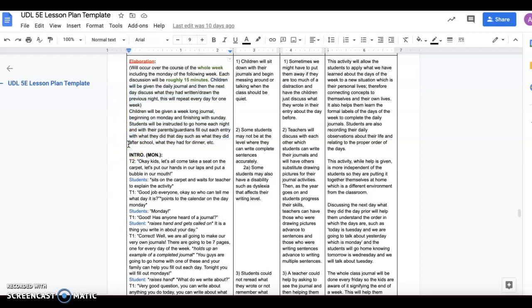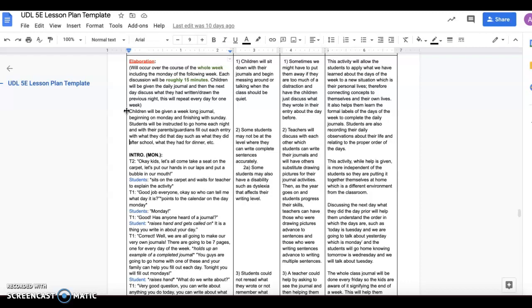So basically, we have been talking about the different days of the week through circle time activities, through books, through songs. And now they are going to take these labels and definitions and explanations that were provided through all of the other E's, and they're going to apply them into new situations that directly correlate to their own lives.